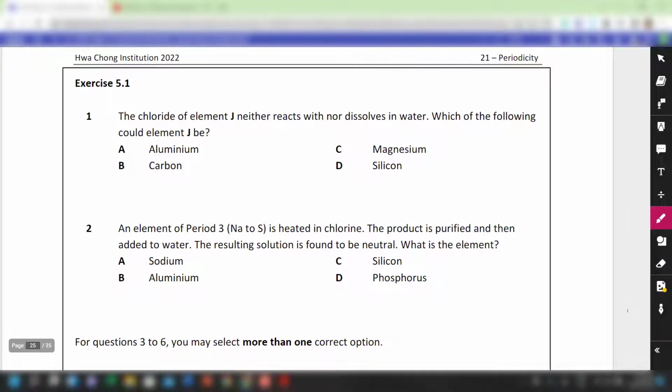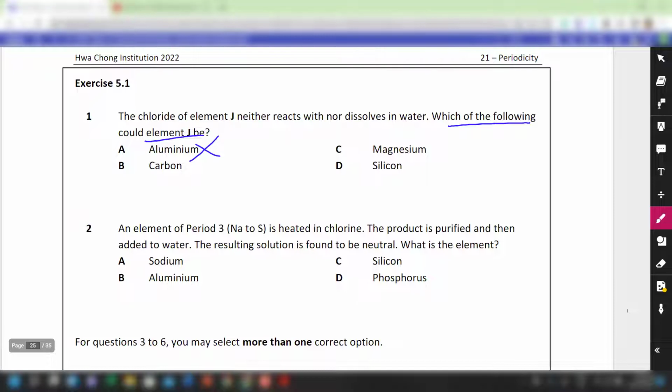Okay, so we have the chloride of element J neither reacts with nor dissolves in water. Which of the following could J be? So it cannot react with water or dissolve in water. Okay, so if you look at all the elements here, aluminium chloride obviously hydrolyzes completely, so cannot be.